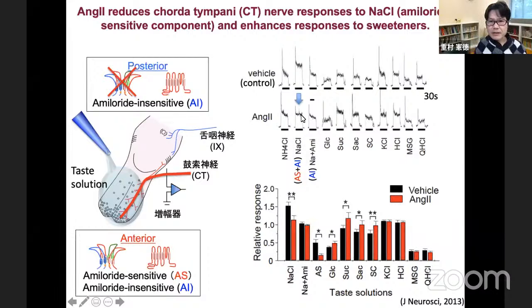Only sodium chloride is reduced. This response contains AS and AI. The nerve responses to sodium chloride and amiloride, which elicit only the AI current, were also measured. The amiloride blocks the AS, so this response is from AI. This AI response was not changed.